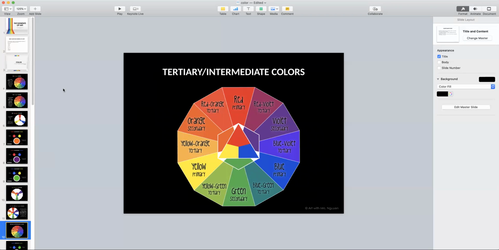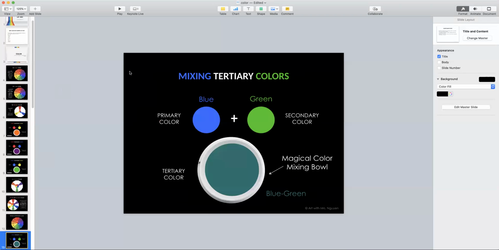And then we're talking about tertiary or intermediate colors. Those mean the same thing. So tertiary, you might have not heard that word before, but tertiary is when you mix a primary color with a secondary color. So remember, we started with our primary colors. Those were in the center. Those are the main colors. When you mixed them, you got your secondary colors.